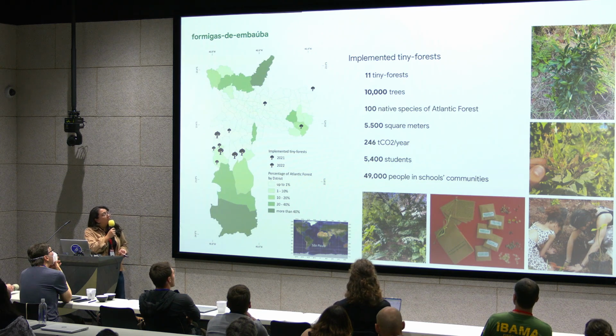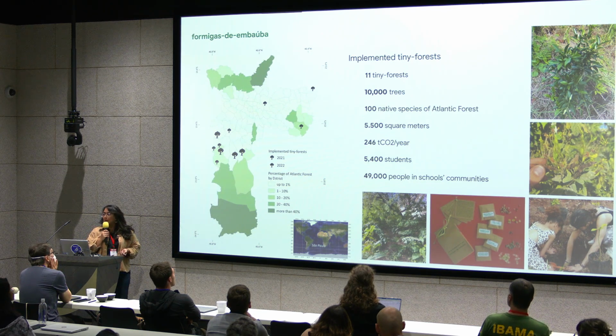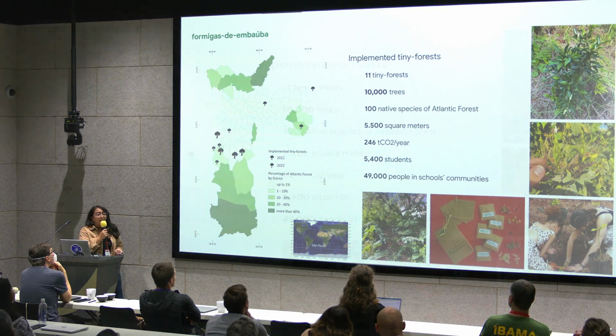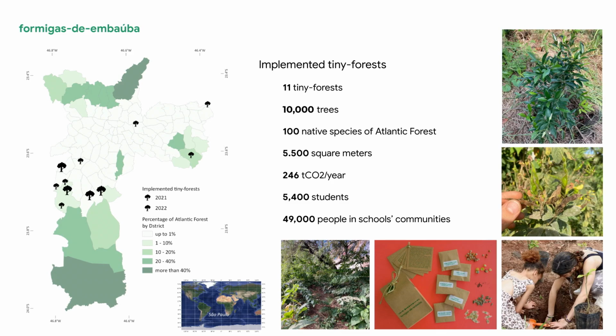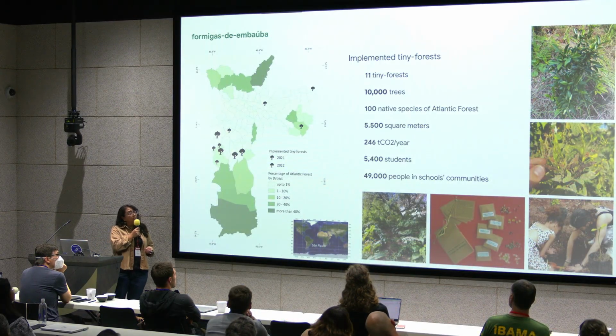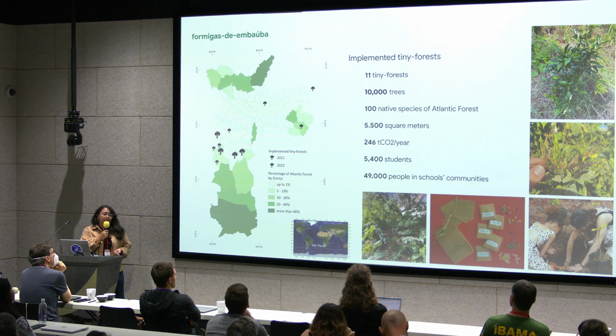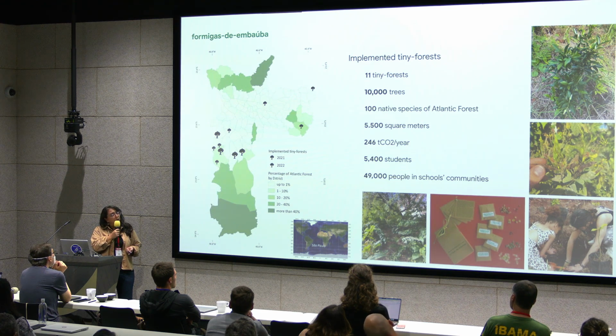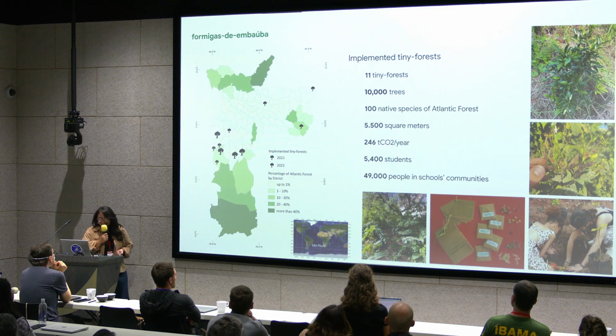Formigas' work is to plant tiny forests in public schools. They have implemented 11 tiny forests, planting 10,000 trees. But they are not planting only trees. They are planting tiny forests, Atlantic forests, in the schools, using the Miyawaki method, in which seedlings are densely planted and native species are carefully chosen to reproduce ecological succession with common companion plants.